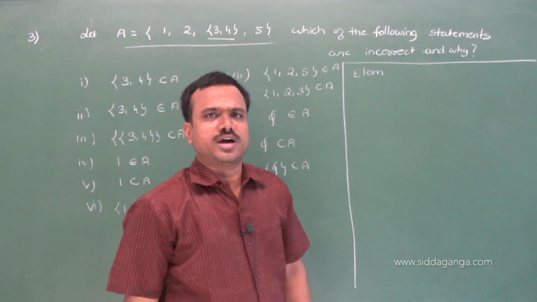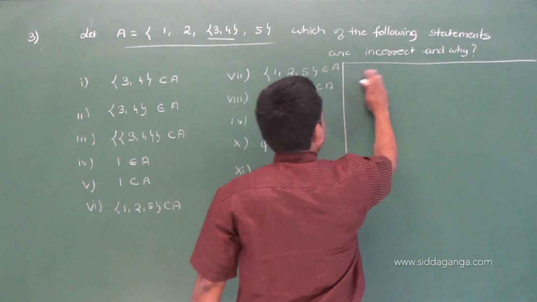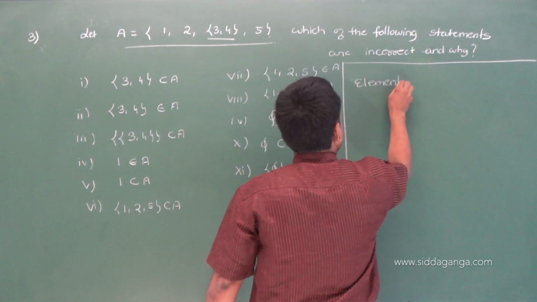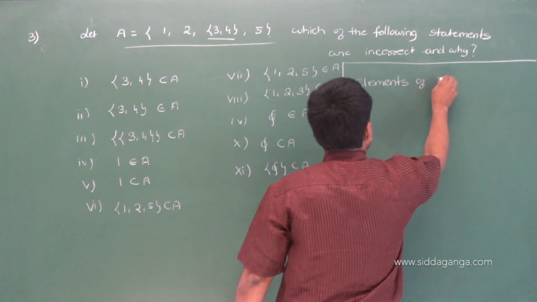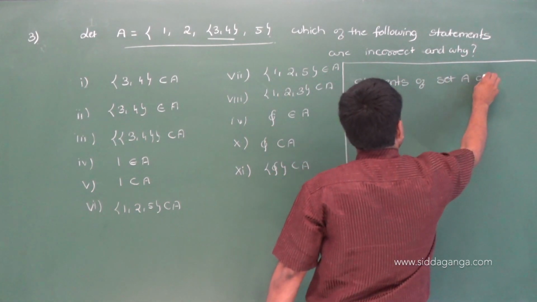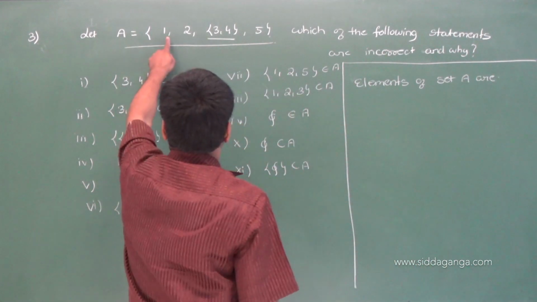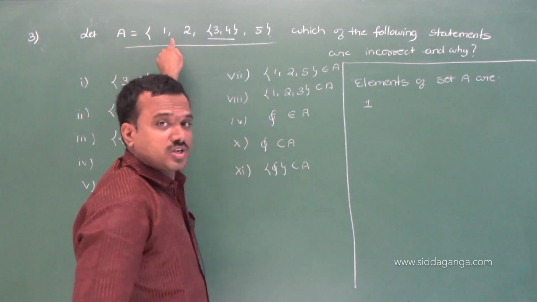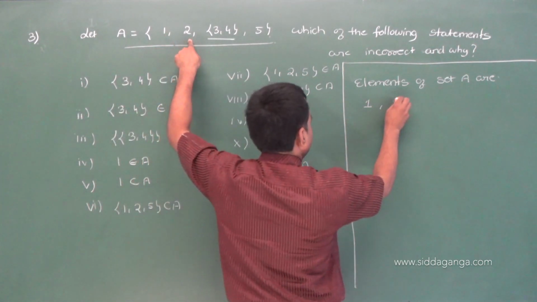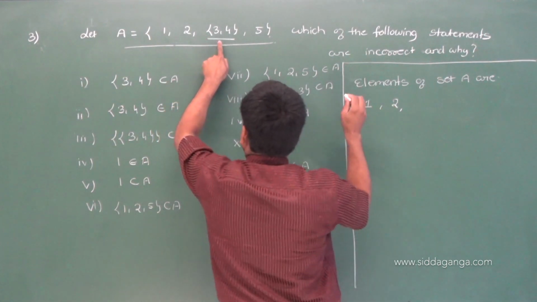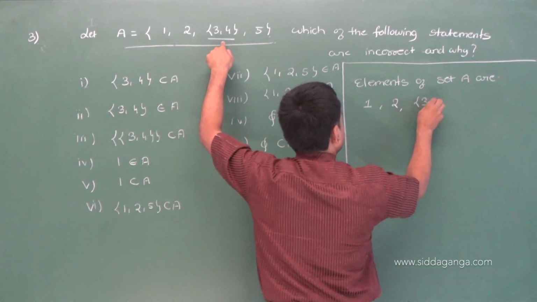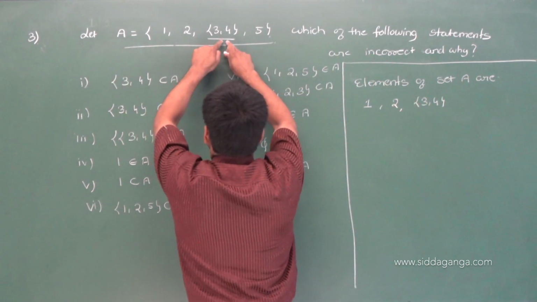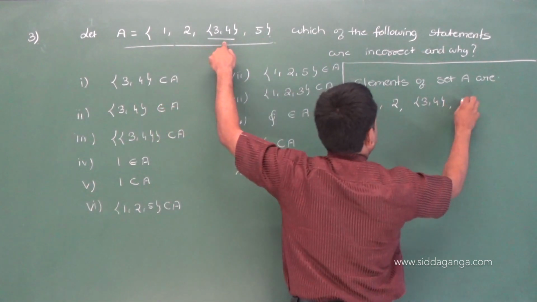The elements of set A are: what are those elements? 1, this is also an element, 2, this is also an element, and this is also an element because it is present in the given set A, and 5.